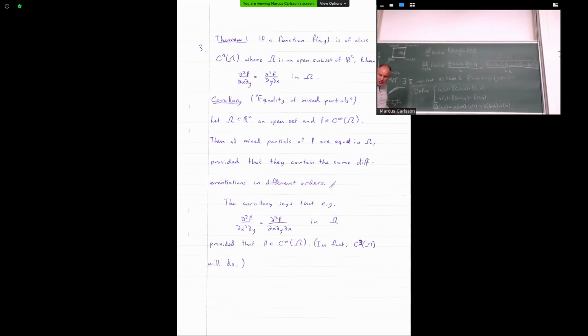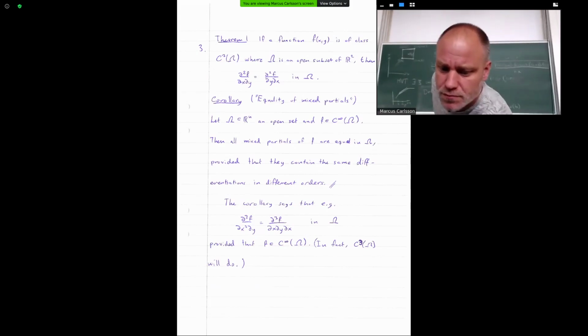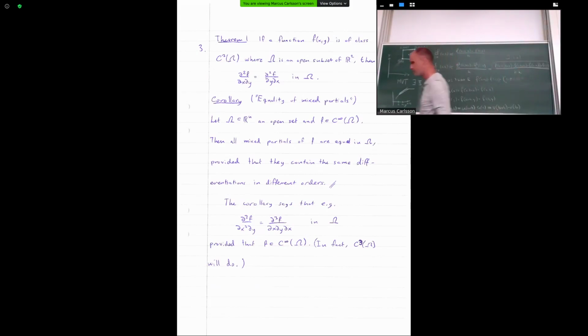What do we want to do now? We want to take a limit as h and k goes to 0. What's going to happen when h and k goes to 0? Well, this rectangle is going to shrink, and since psi and eta are inside it, this is like the squeeze theorem. Psi and eta also has to approach A and B, right? So psi and eta depends on h and k.